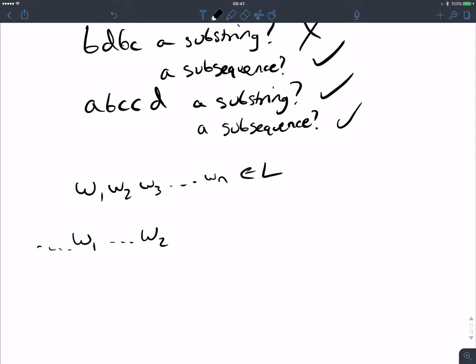Anything, right? That could be useful. Maybe what we can do is non-deterministically keep reading characters and then choose to read W2. Then non-deterministically, then read W3.